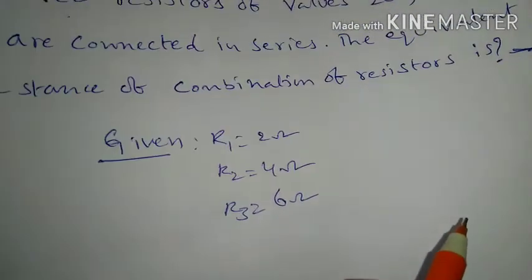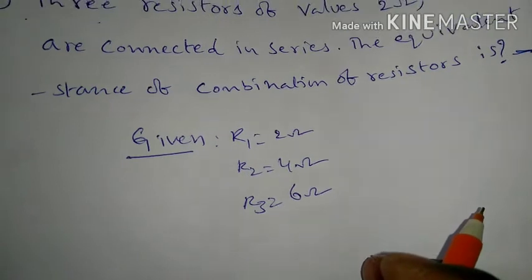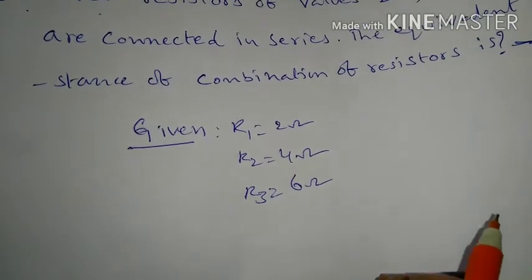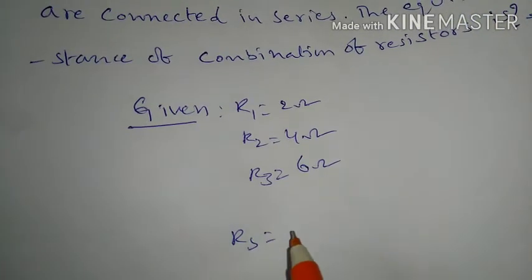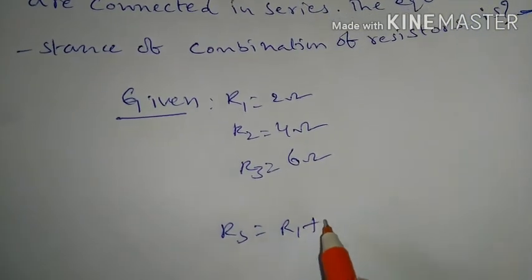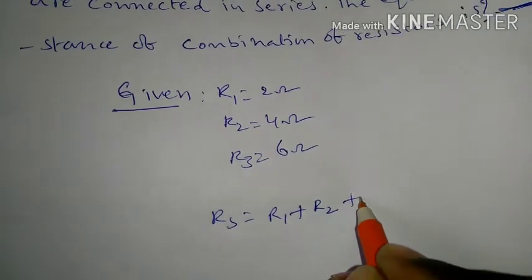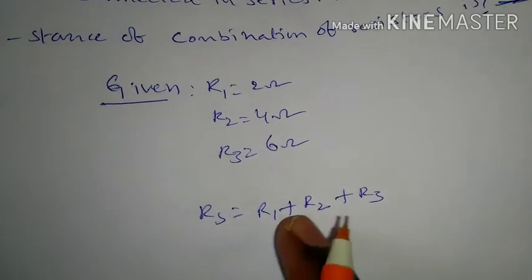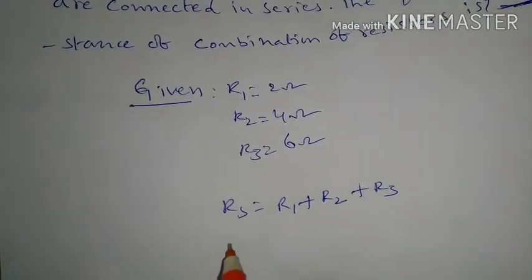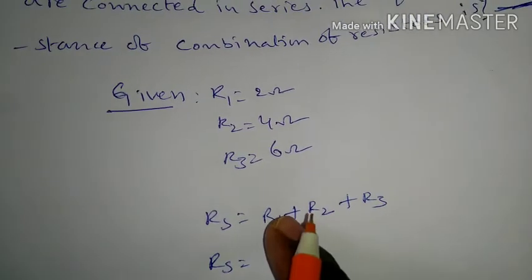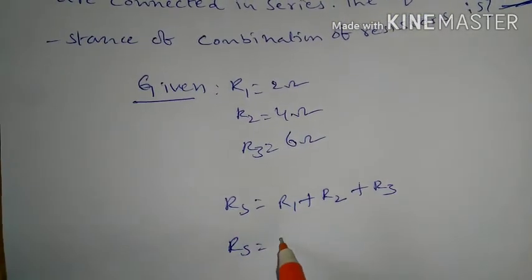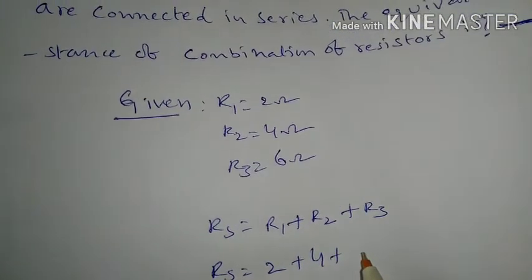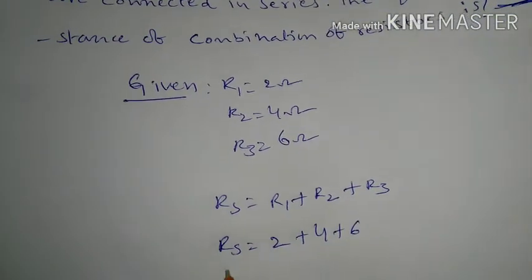In series combination, what is the formula? Rs is equal to R1 plus R2 plus R3. Given values: R1 is 2, R2 is 4, R3 is 6.